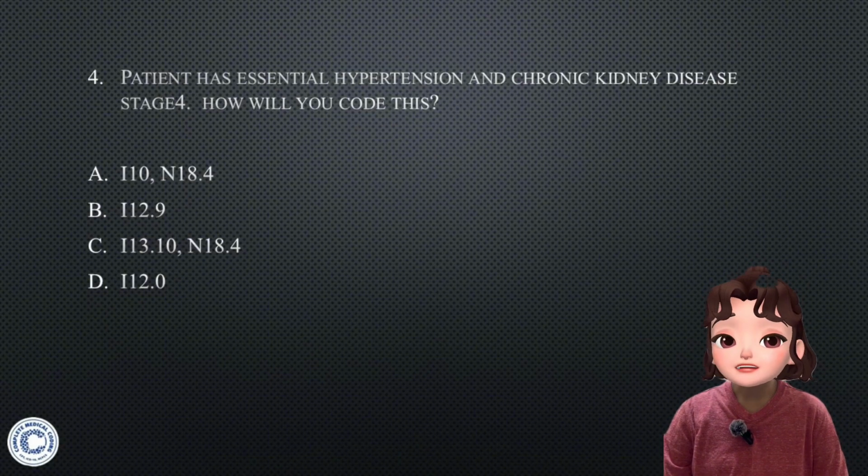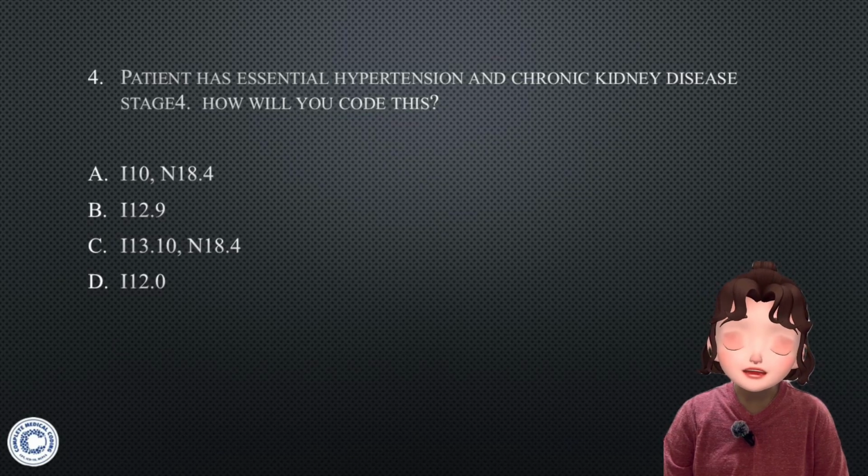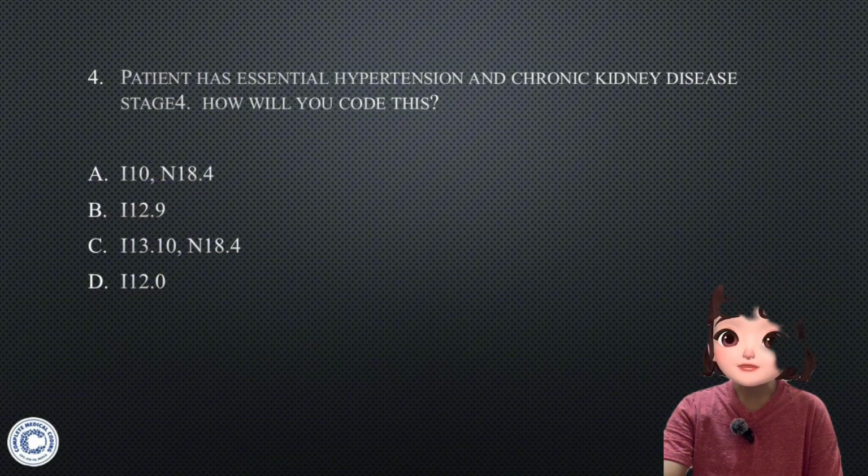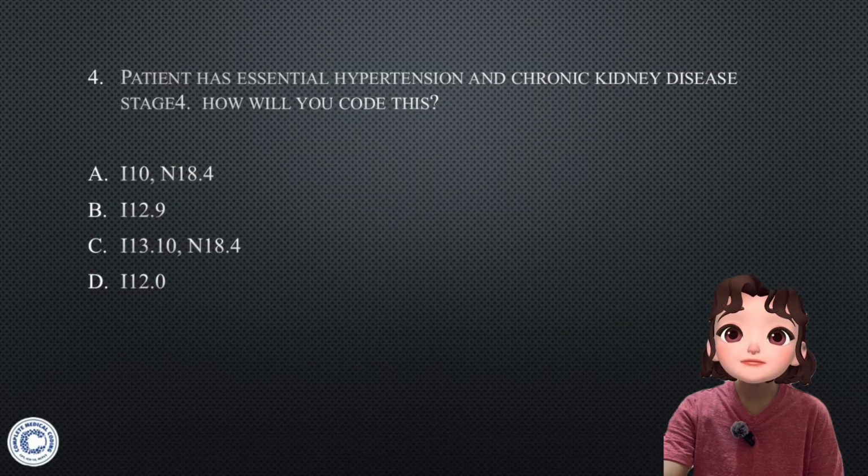So yes, this is chronic kidney disease and patient is having hypertension. So you have to go for this code I12.9. Okay. So that's what I told you before. If there is any combination code, you have to always use the combination code.